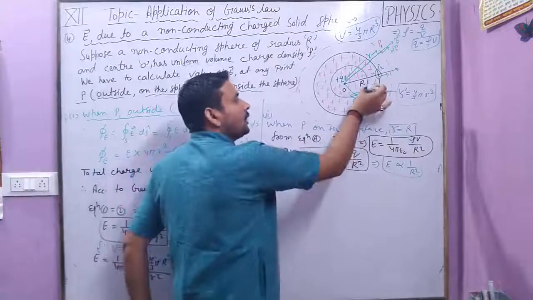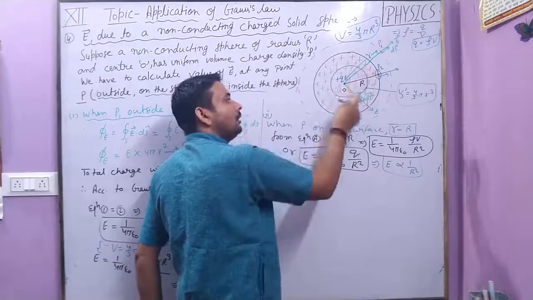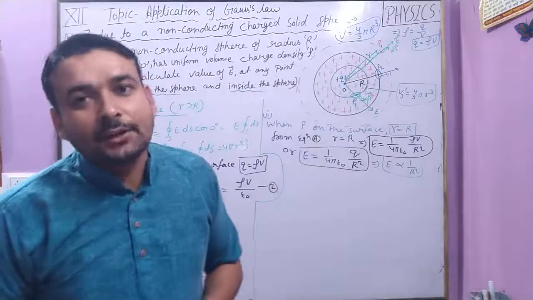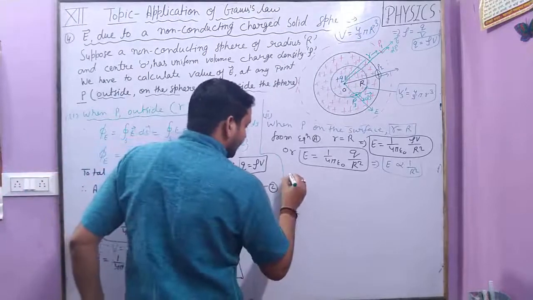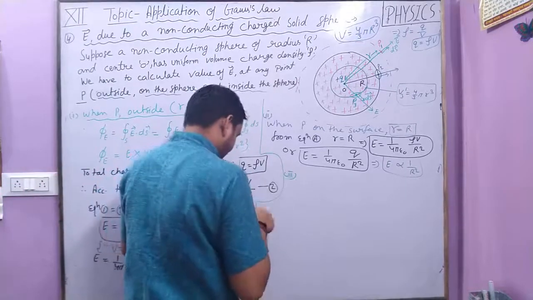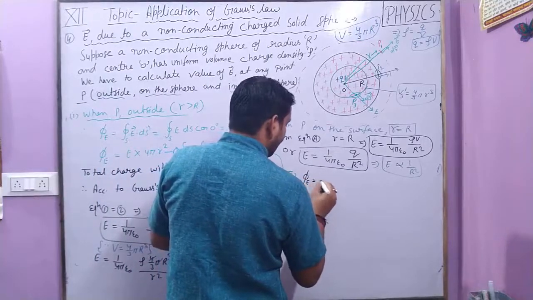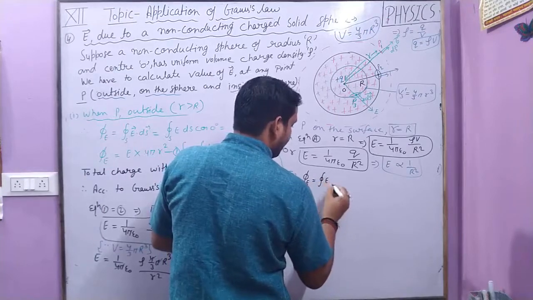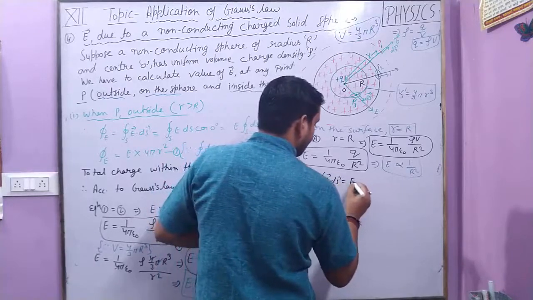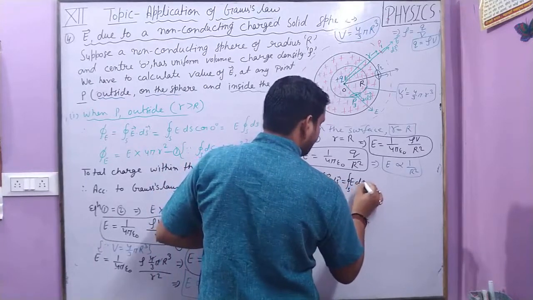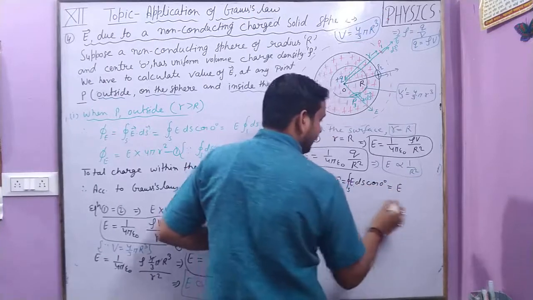We don't need to consider the total volume of the sphere. We need to consider only the volume which is inside the considered Gaussian surface. Now, for the third case, electric flux phi E is equal to the integral of E ds cos 0 degrees, which we calculate from here as E ds.